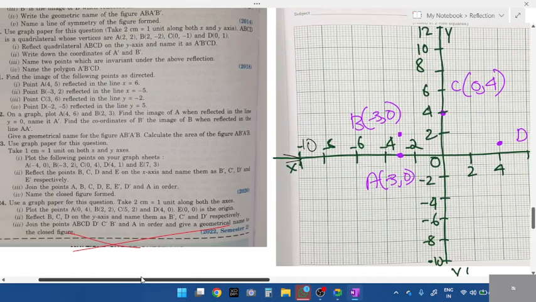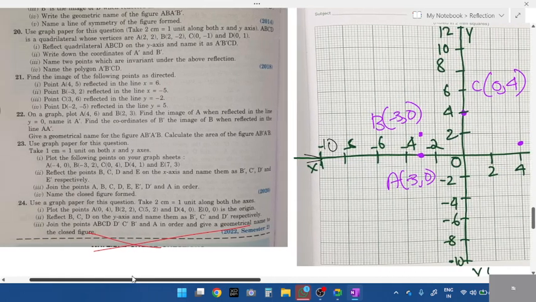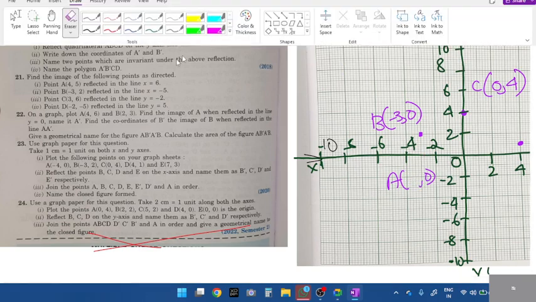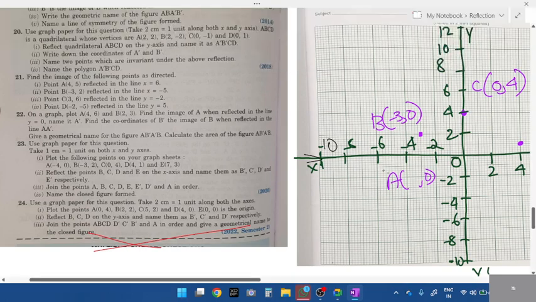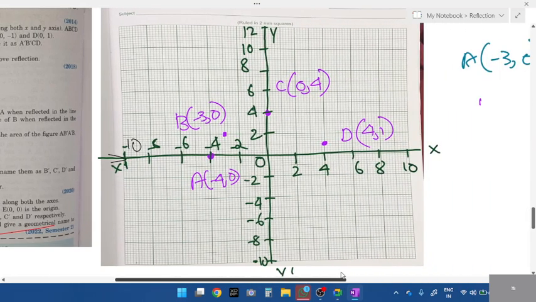Next, yeah, A is -4, 0. Correct. -4, 0. A is done, B is done, C is done, D. After that, E, students, 7, 3.